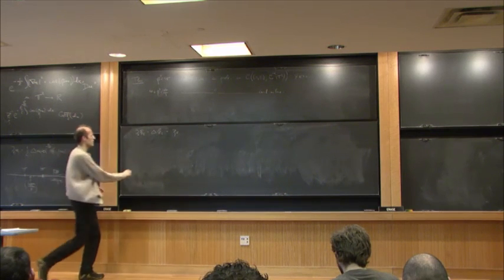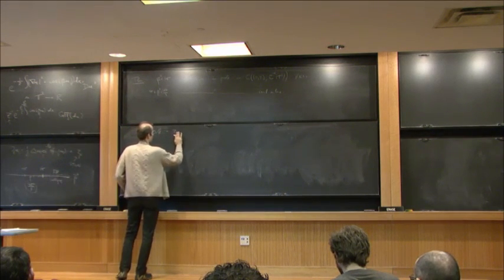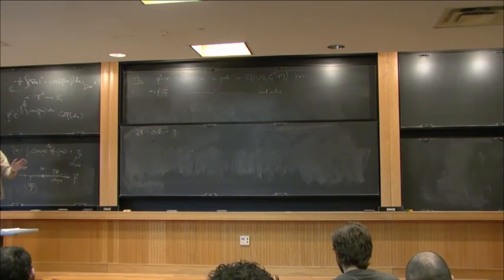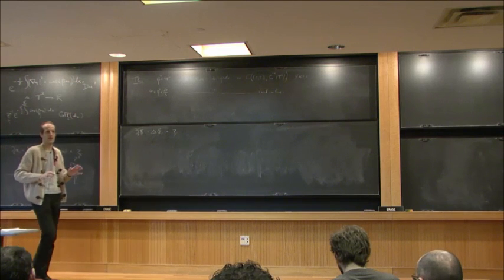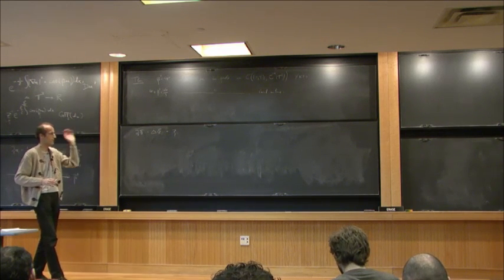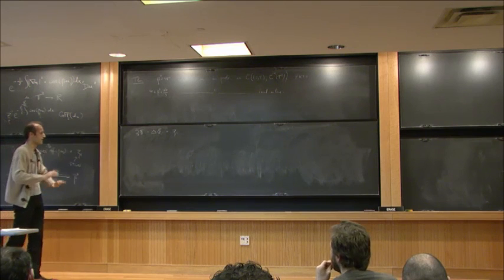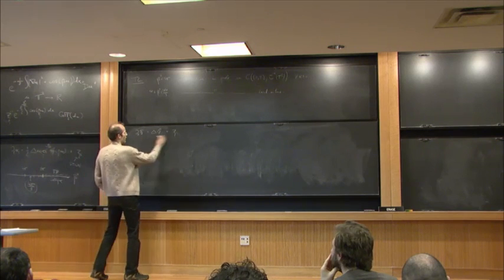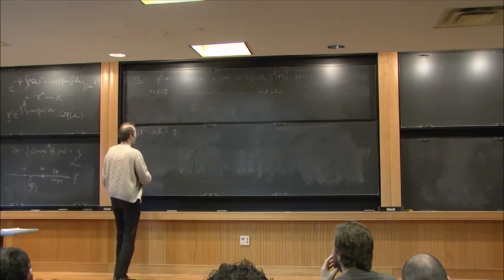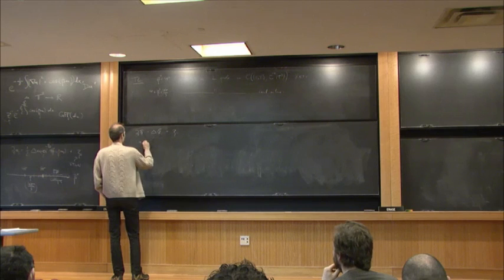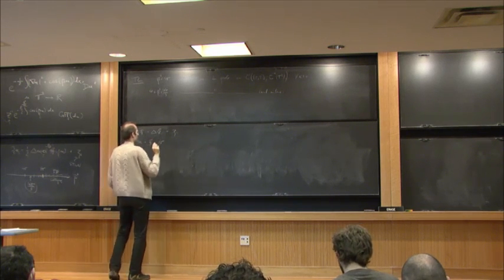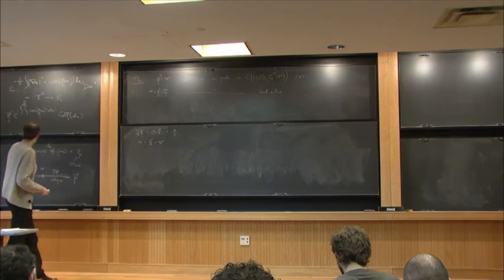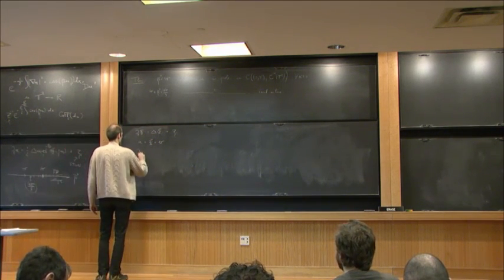Let me just remove epsilons, with the understanding that there are epsilons everywhere. The whole point is to get things uniform in epsilon. Once you have things uniform in epsilon, there's a simple calculation that shows you actually have convergence and not just boundedness. So you have the free one, and you rewrite u as a perturbation of the free one: you write it as the free one plus something else. And then you see what you get.